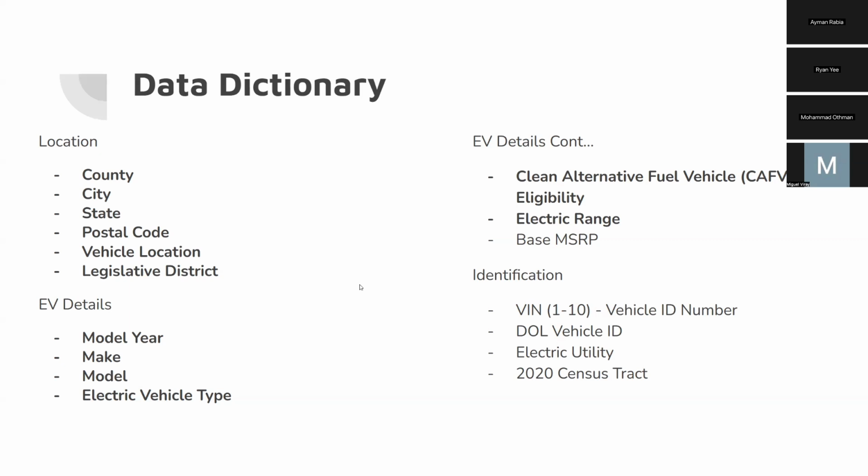And finally, we have the electric range and base MSRP. So for identification, we didn't really use these fields because they're just unique ID numbers for each row.